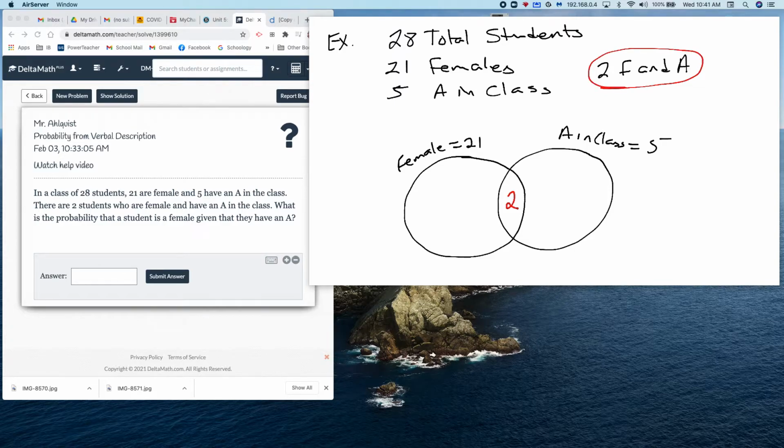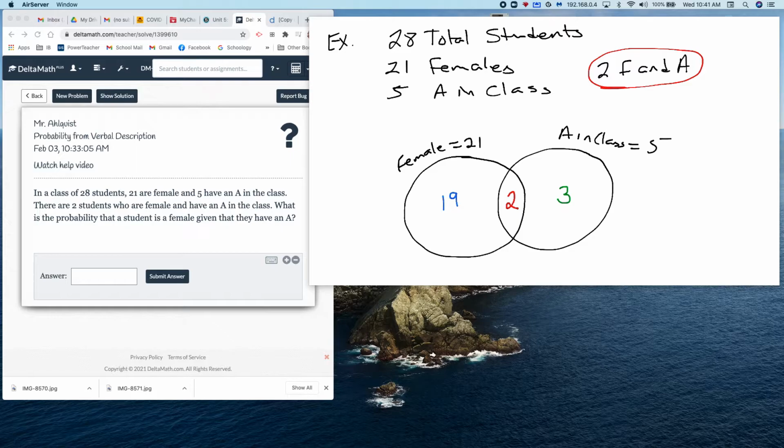Well, that means there are 19 females over here that don't have an A in class but are still female. And there are 3 students over here that have an A in class but aren't female. So what do we have as far as this situation?